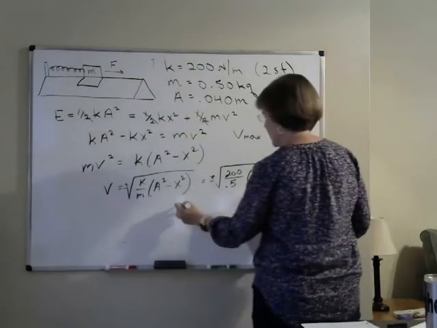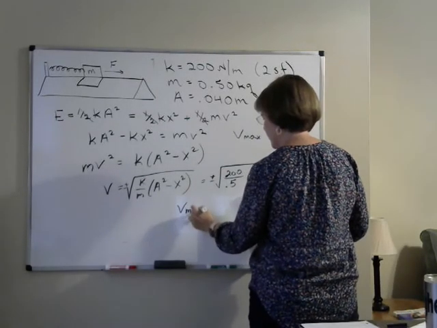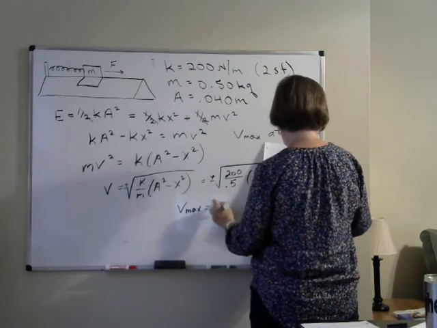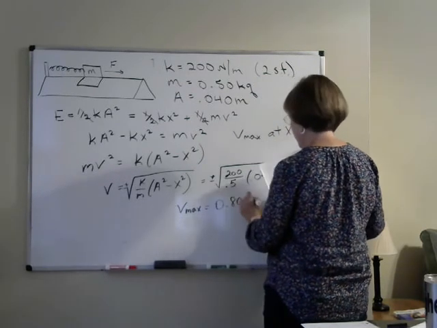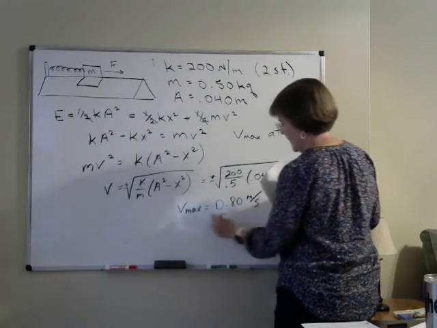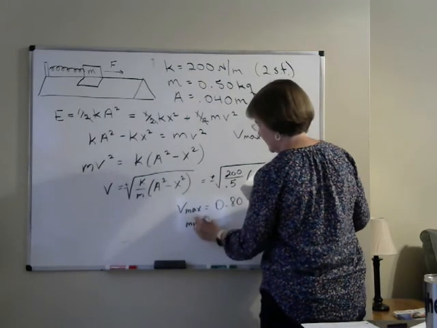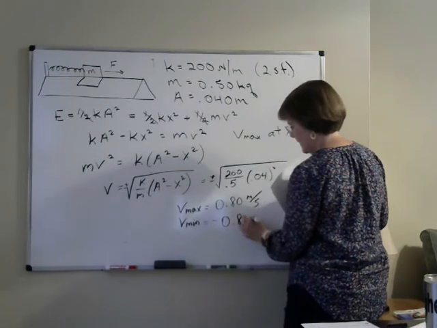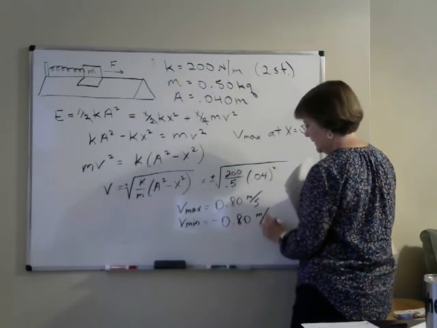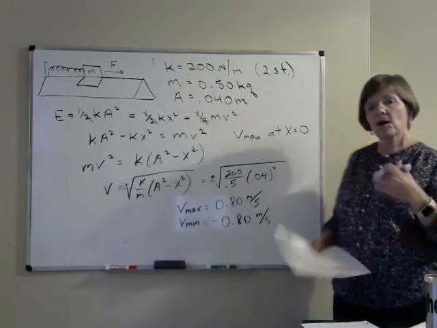And I get that the maximum is 0.80 meters per second, and the minimum is negative 0.80 meters per second. They did say velocity.